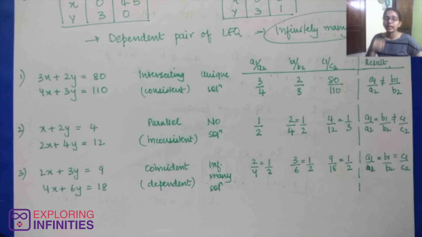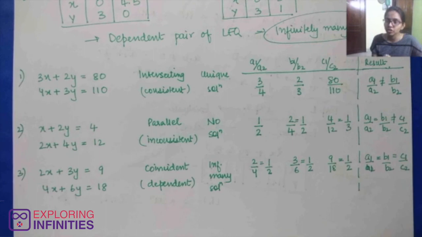So this was our whole task: to see through the graphical representation of a pair of linear equations what the relationship between the coefficients is, using which I can say simply by looking at the equation if they have a unique solution, no solution, or infinitely many.